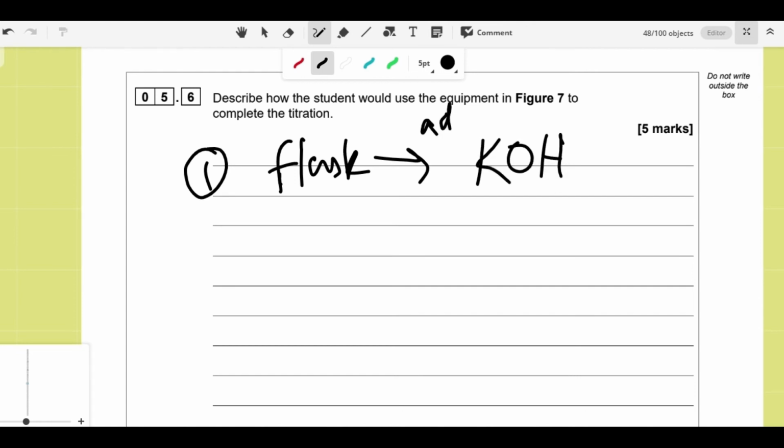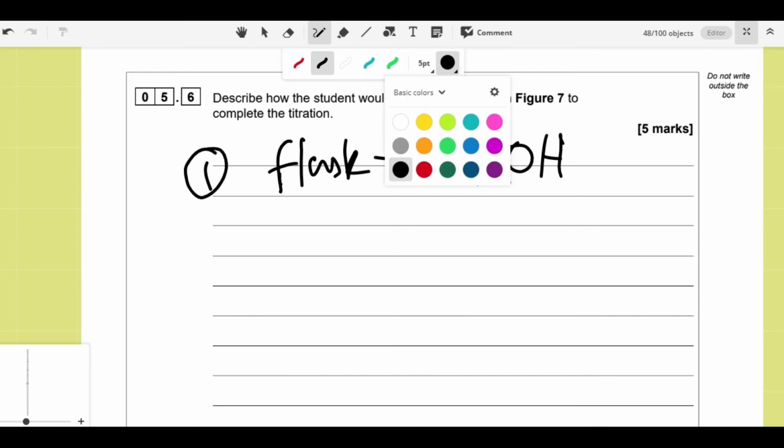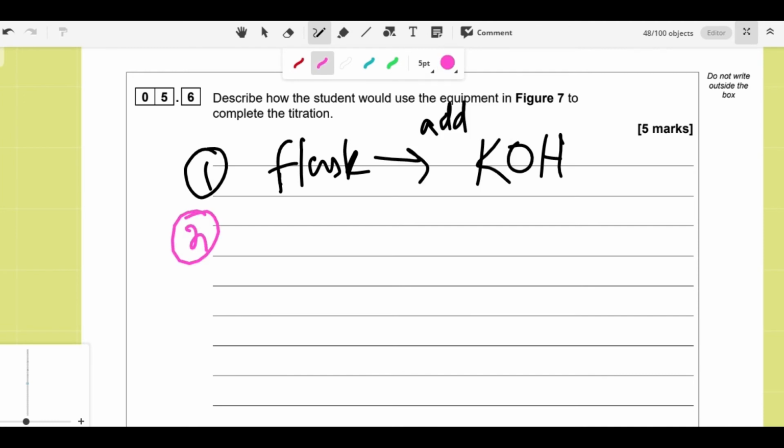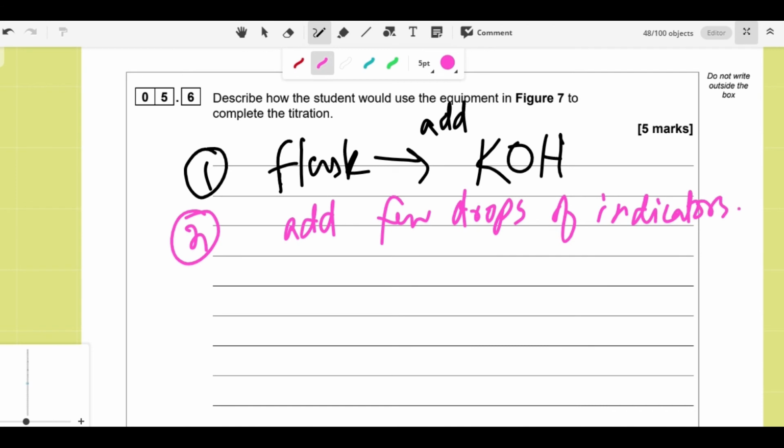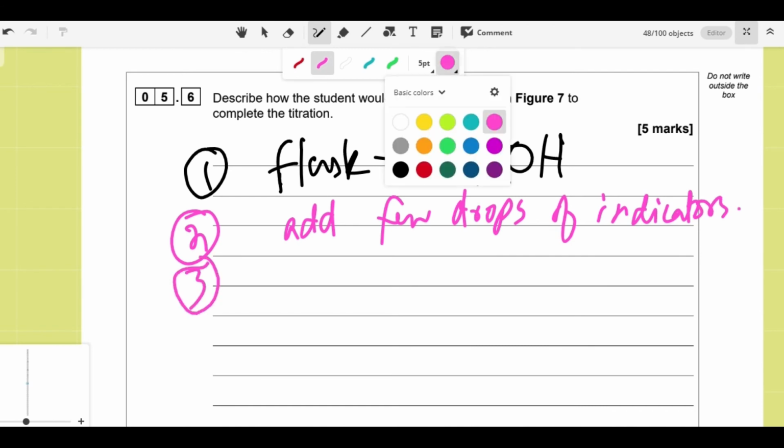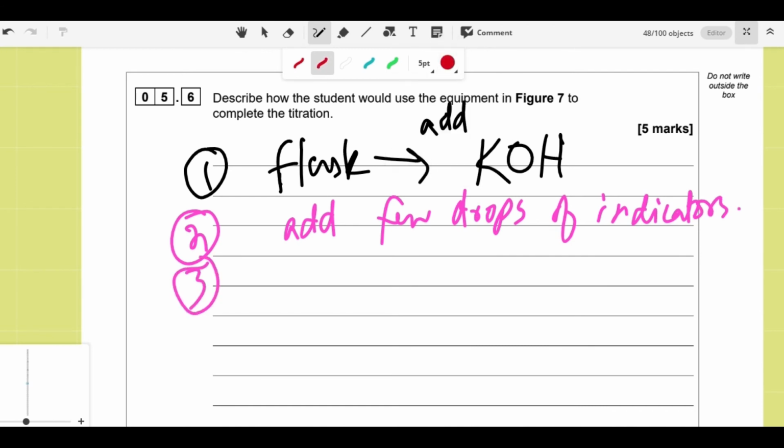Okay, and then step 2, that is add a few drops of indicator. Step 3, that is add acid, where? In the burette.